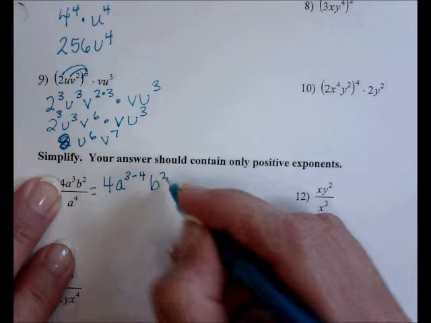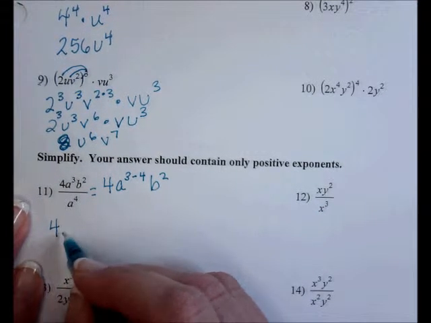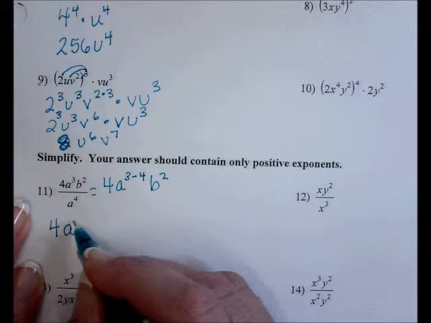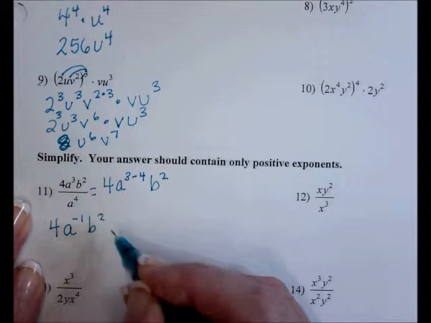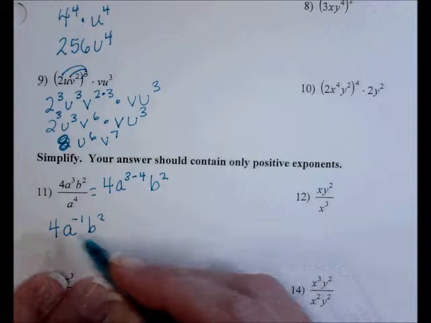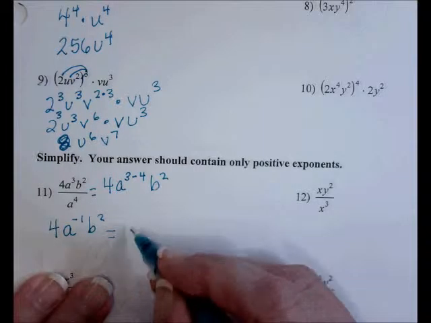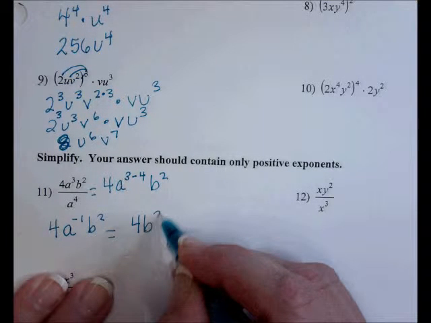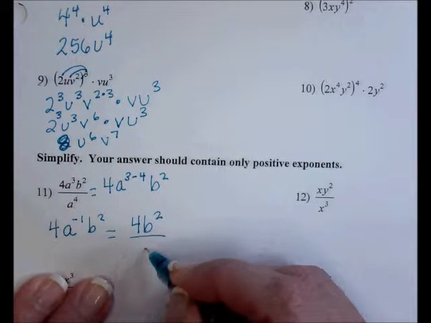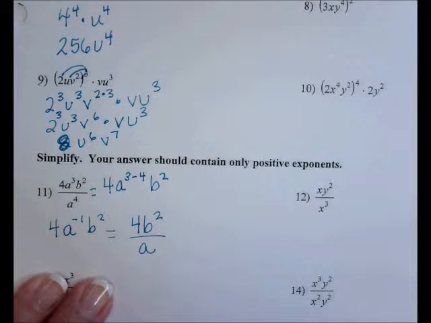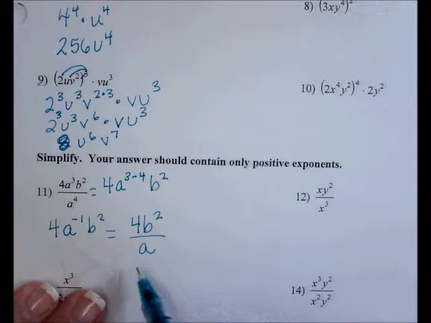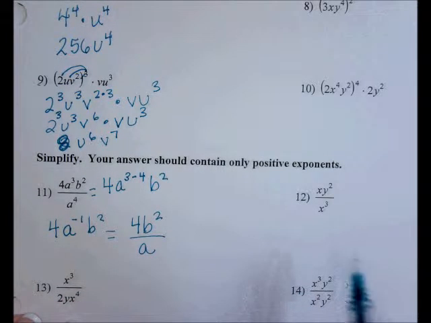And then b squared. So simplified even further, I'm going to have 4a to the negative 1, b squared. Well, I never like to have a negative exponent. So I'm going to go ahead and do 4b squared, but I'm going to move my a to the denominator, because that's what a negative exponent means. I move it to the denominator, and it's just a to the 1 in the denominator.